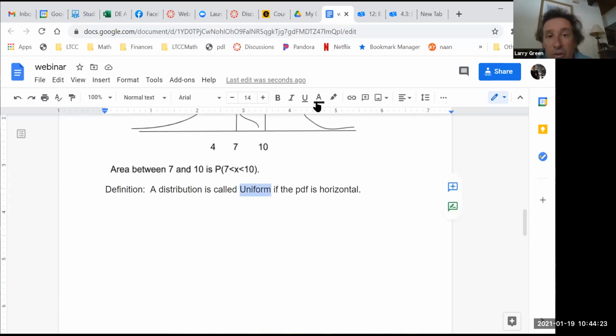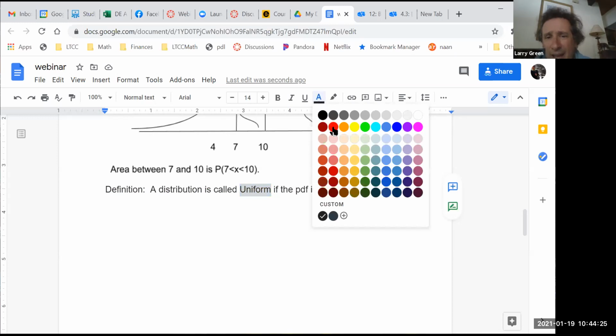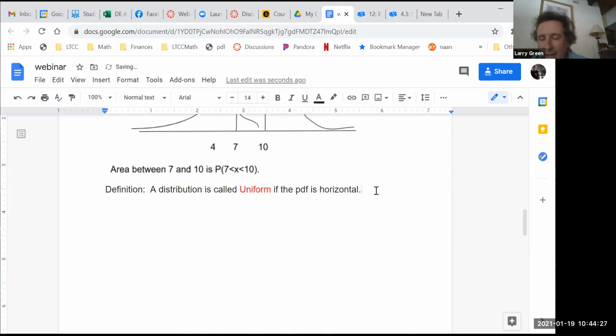We call that a uniform distribution. And what that means is that anything of the same length is going to have the same probability.